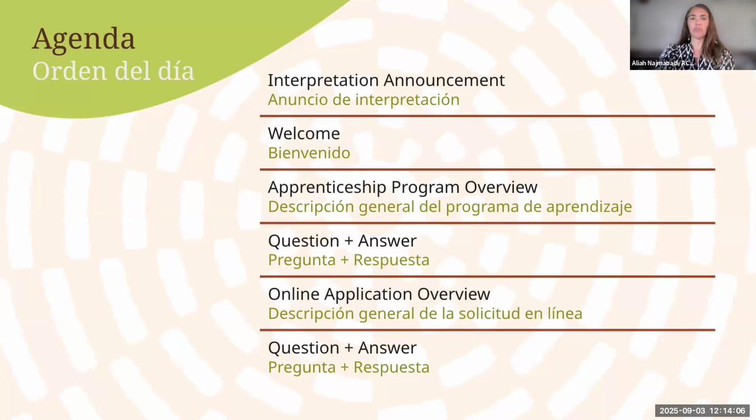For those of you who are not familiar with the program, we're going to have a general program overview about what the program is, what it entails, what it means to be a mentor, what it means to be an apprentice, and what's required. We'll have a question and answer section, and then a dive into the online application called Submittable. That's the platform that ACTA uses for our applications.